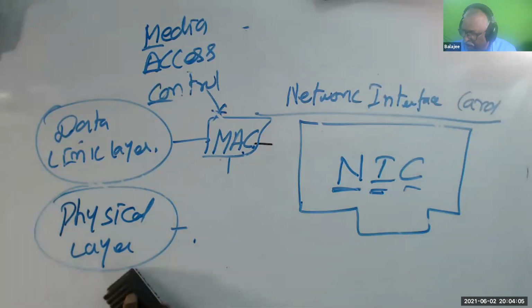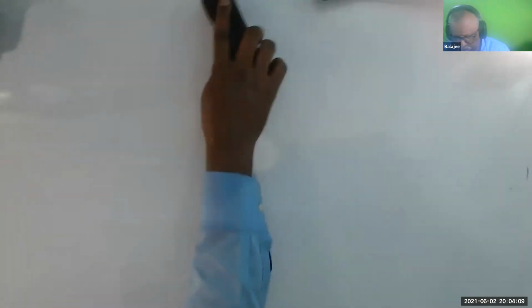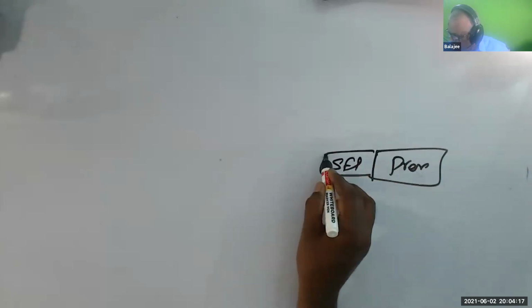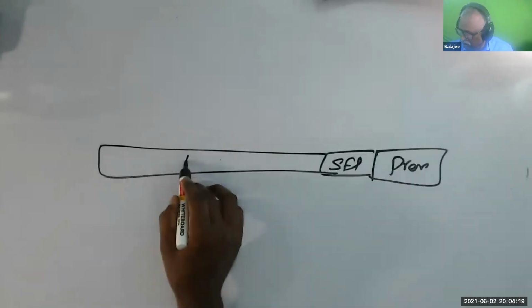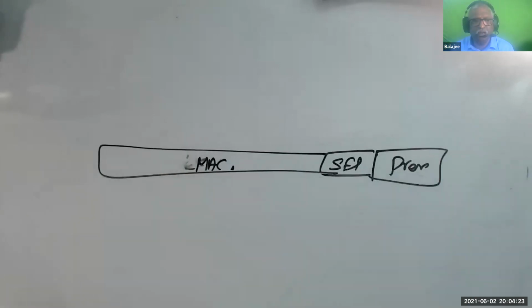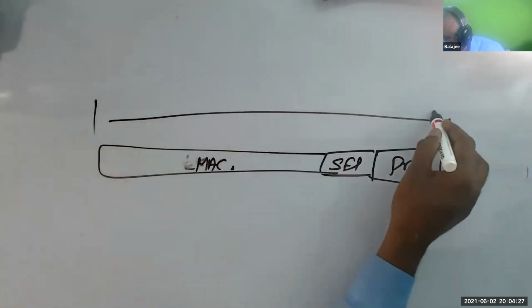I've explained to you that this is the preamble, SFD, then the data link layer, whatever is MAC.